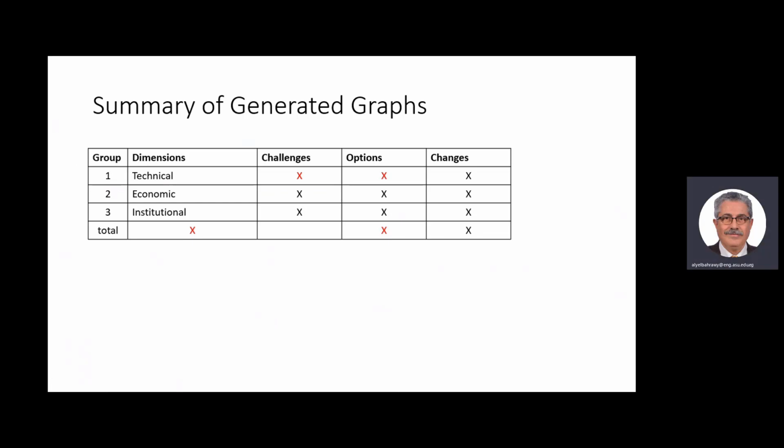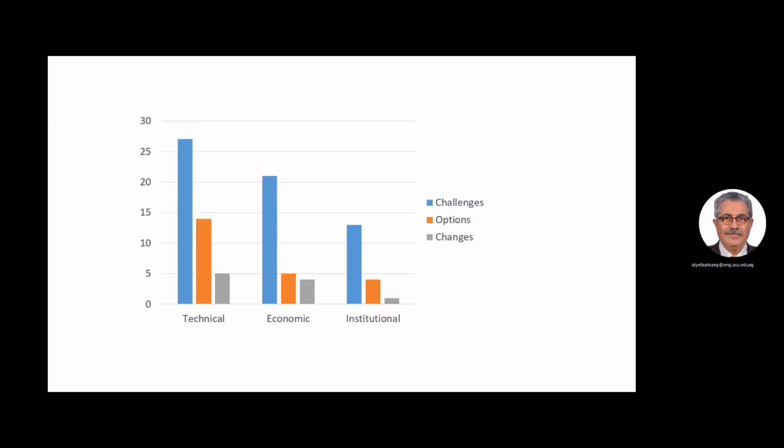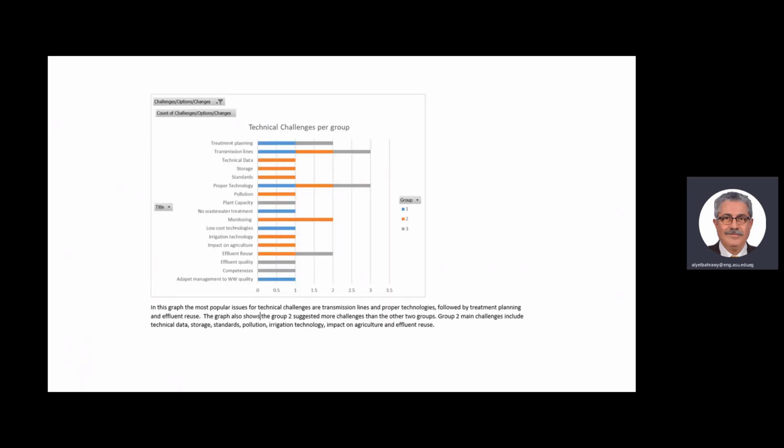To summarize the graphs I extracted from the data, I had about 15 graphs, and the red crosses here show the examples, the sample I'm going to show in the next slides. This shows the number of challenges compared to the number of options and compared to the number of changes in the 3 different issues, technical, economic, and institutional, irrespective of the group. It's a summation of what happened in the 3 groups.